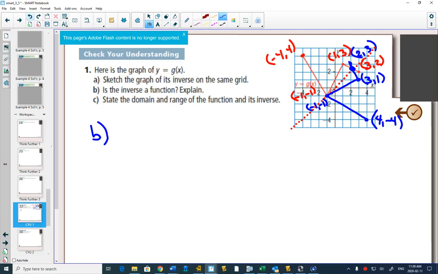There was a special test that was easy to use. The vertical line test. A review of the vertical line test.